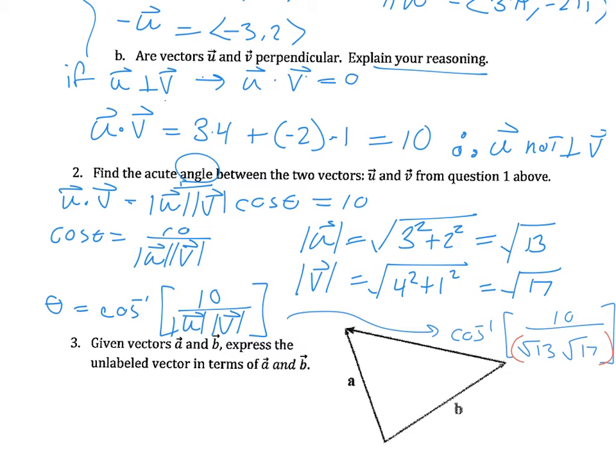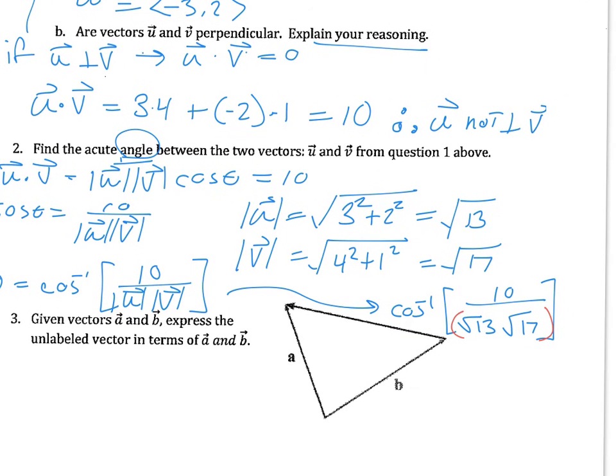Protect that denominator in parentheses. When you do that calculation, make sure you're aware of parentheses. And the answer here is going to be 47.7.